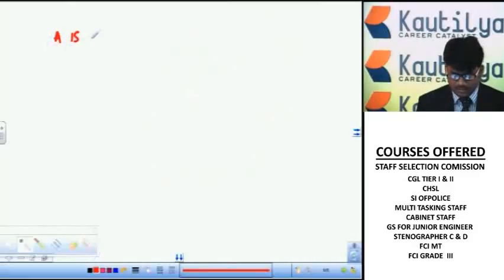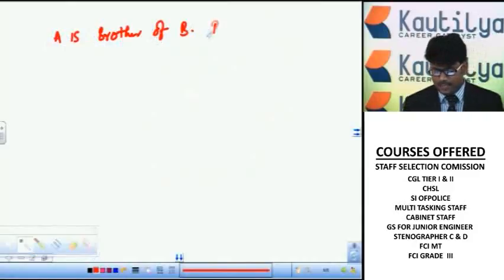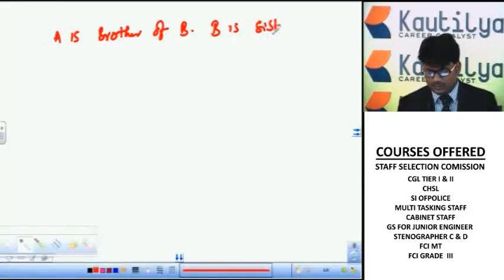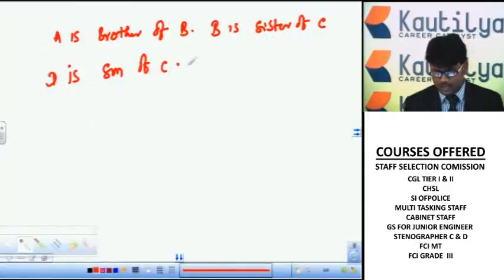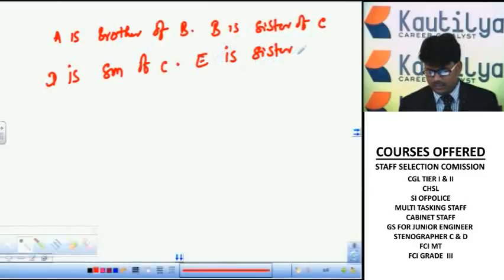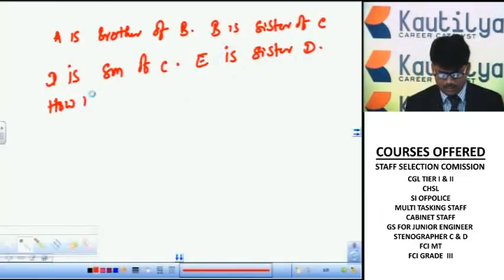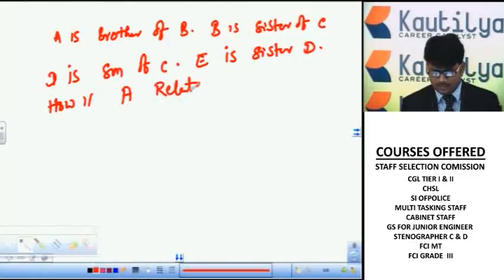A is brother of B, B is sister of C, and D is son of C, and E is sister of D. How is A related to E in the given data?